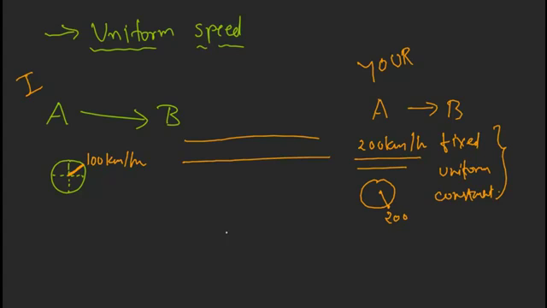So this is what I call uniform speed, that is, your speed remains constant over the entire distance. Now we will have some interesting observations about uniform speed in this video. I just told you that I am traveling at a speed of 100 km per hour, and you are traveling at a speed of 200 km per hour. Now you will realize why I was talking about those three fundamentals in such detail.